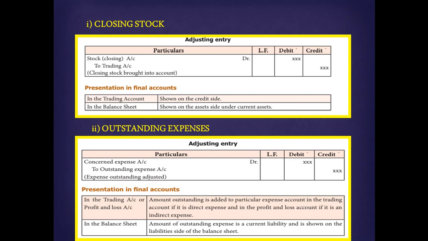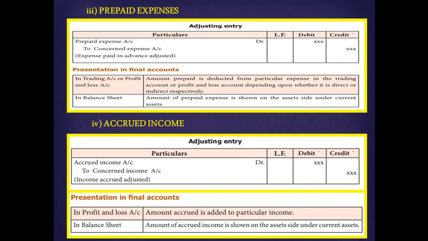Outstanding expenses. The adjustment entry for outstanding expenses is expenses account debit to outstanding expenses account. Outstanding expenses are added to the respective expenses accounts in trading or P&L account and also shown on the liabilities side of the balance sheet. Now, prepaid expenses. Prepaid expenses are those expenses which have been paid in advance but relate to the future accounting period.